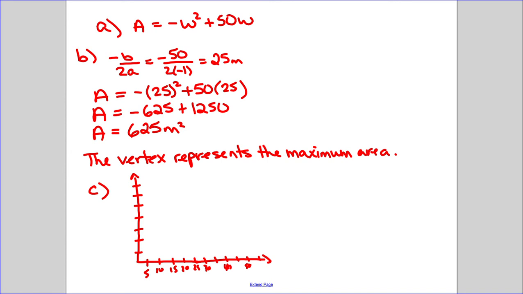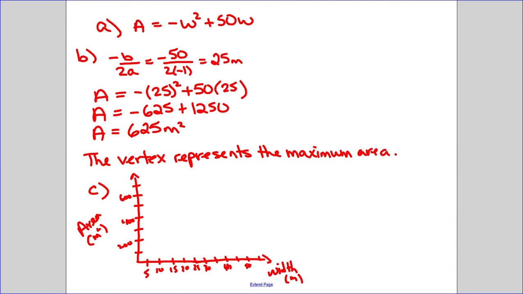These ones are going to be 200, 400, 600, where this axis is my area in meters squared, and the bottom axis is my width, in meters.